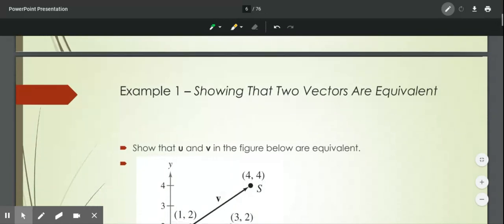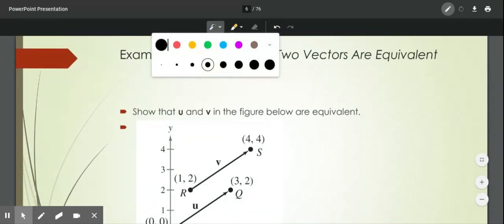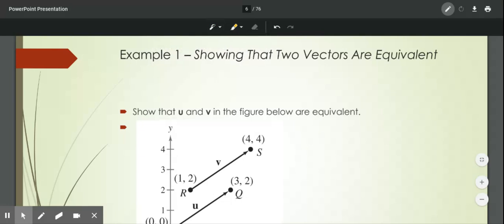All right, so if we need to show, for example, that two vectors are equivalent, what we're going to do is show that the vectors have the same components.